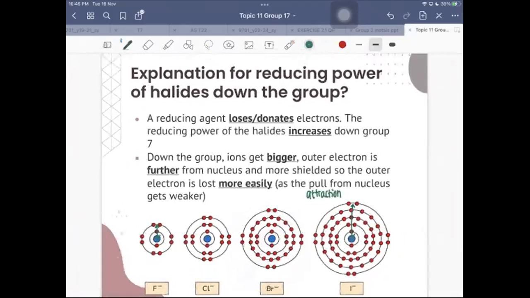So you already know how to explain why oxidizing power decreases as you go down the group of halogens, and why the reducing power increases as you go down the group of the halides. Please be careful with the species you are talking about: are you talking about the halogens or the halides?